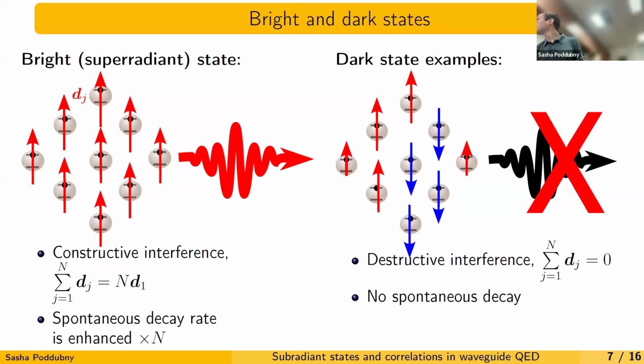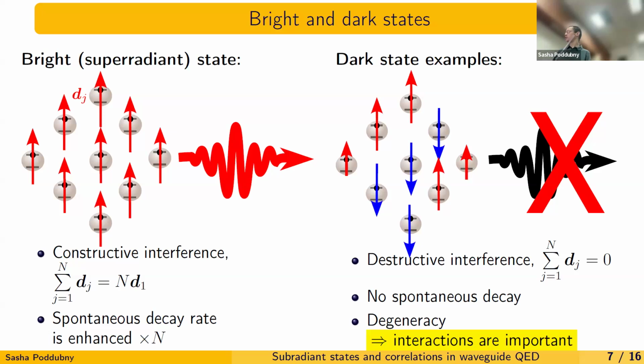Why is it important and interesting for me? Because there are many ways to realize a subradiant state. I can flip some of the atoms like that, and this is all subradiant. There are many ways to get the sum equal to zero. So your space of subradiant states is highly degenerate. I sometimes give this Tolstoy thing: all happy families are alike, but each unhappy family is different.